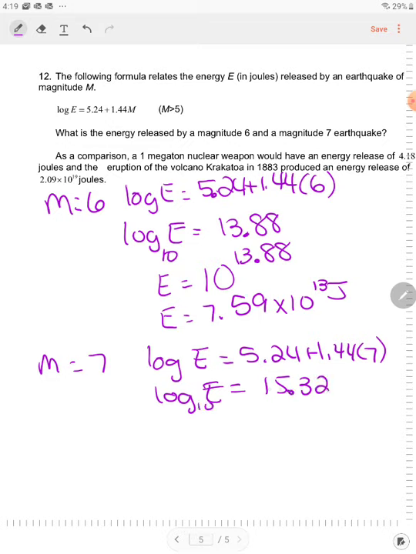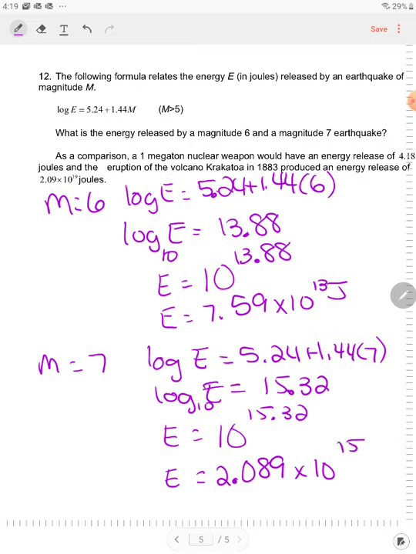You understood base is 10. So E is equal to 10 to the 15.32. So E is equal to, we get 2.089, and again, you'll be instructed if it's 2 or 3 decimal places, times 10 to the 15.